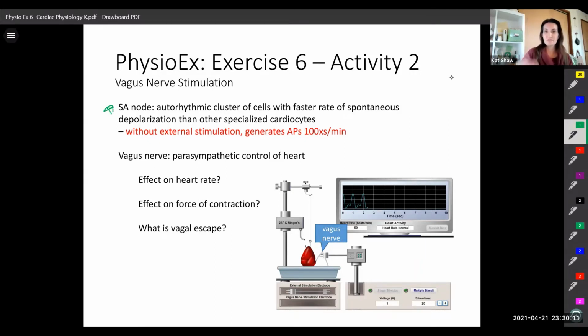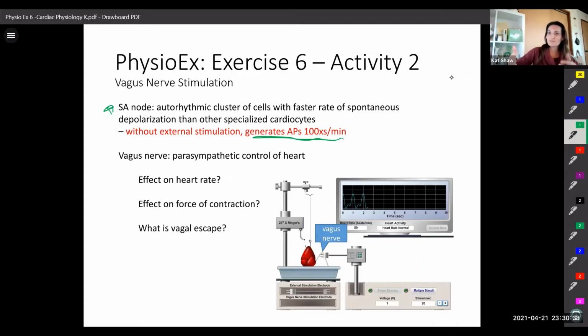They have the fastest rate of spontaneous depolarization. They have the steepest pre-potentials, the steepest slope for their pre-potentials. They rise to the threshold the fastest to generate action potentials. Without any type of external stimulation, input from the parasympathetic division, sympathetic division, the SA nodal cells generate about 100 action potentials per minute.